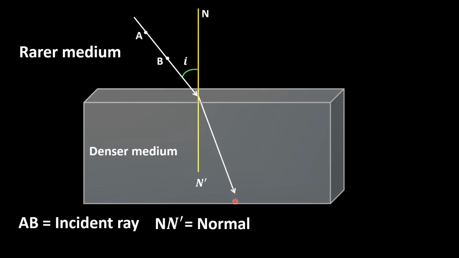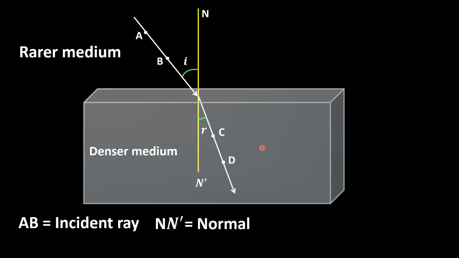This ray is called the refracted ray. Here R is the angle of refraction, the angle between the normal n dash and the refracted ray. It is represented by R.